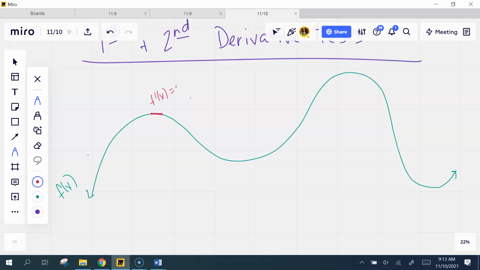Here, the derivative is 0. And here. And a little spot on it. What else do you know about the derivative?